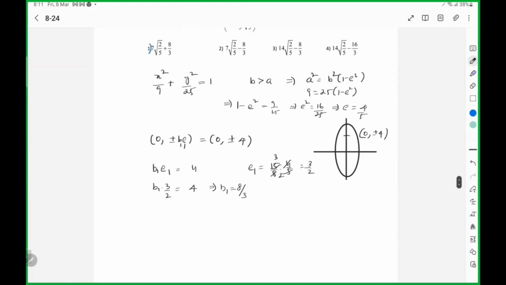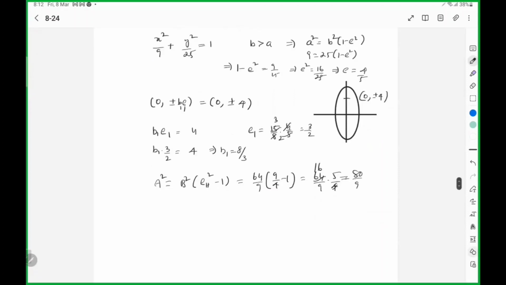So A square is eccentricity of hyperbola minus 1. So eccentricity 9 by 4 minus 1, that is 5 by 4. And here, once hyperbola is here, focal distance SP is EPM.